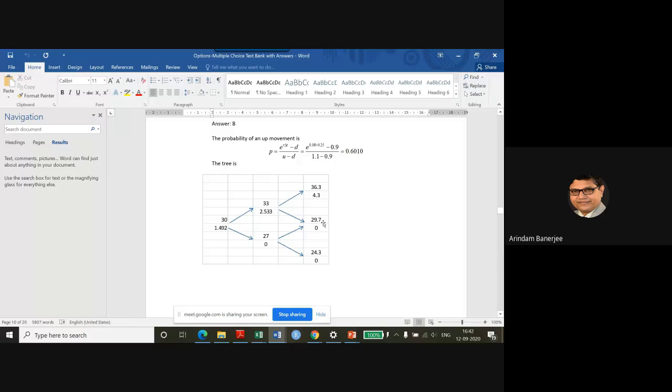29.7. If after 6 months the spot becomes 29.7 and my strike is 32, as a buyer, will I exercise? I will not exercise. I will allow the contract to expire. So the value of the option is 0. But if the price of the asset becomes 36.3 after 6 months, and my strike is 32, then I am in the money.